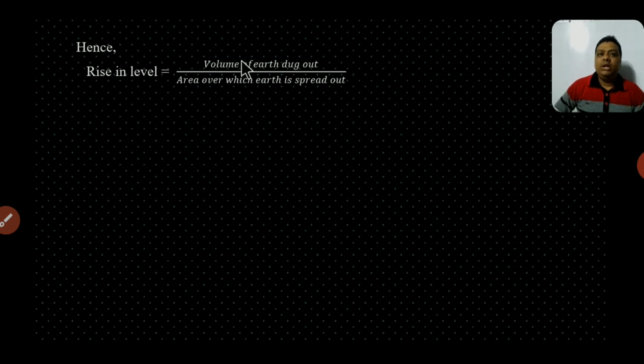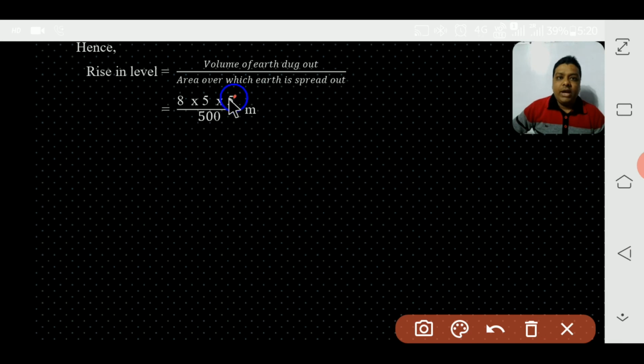Rise in level is equal to volume of earth dug out divided by area over which earth is spread out. So it will be what? 8 into 5 into 5 by 500 meter. All are in meter. Okay. So it will be what? If you solve it, then 500, then 5 times 100, 4 5s are 20 and 4 2s are 8.